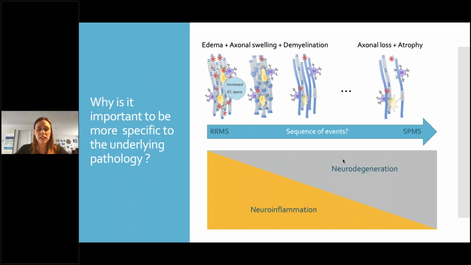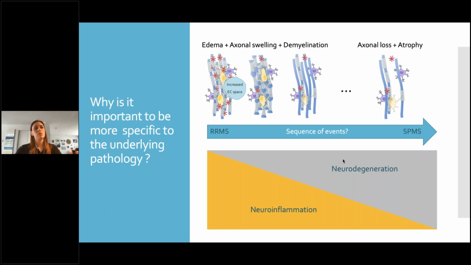So, that being said, why is it important to be more specific to the underlying pathology in MS? First of all, increasing the specificity for tissue subtype and associated injuries can help better understand the sequence of events happening during the different phases of the disease.